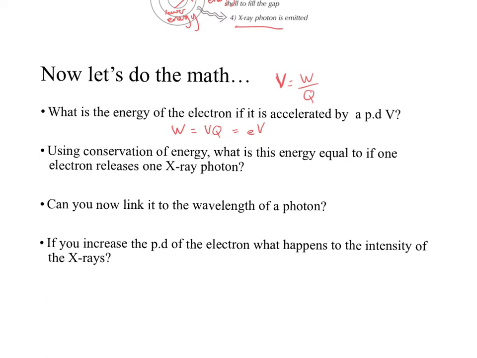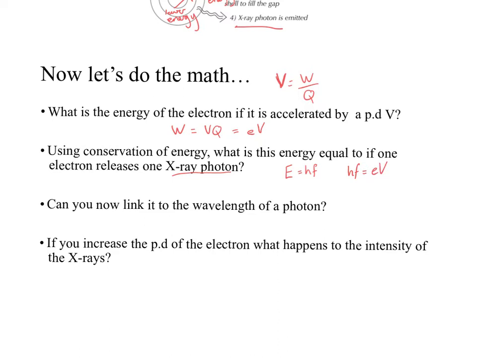Now, if I want to know the energy that the X-ray photon will have due to this electron, we already mentioned in the previous part that one electron will produce one X-ray photon, so the energy that the electron has will be the same as the energy of the X-ray photon produced. We also know that the energy of a photon can be given as hf. So hf is equal to eV.